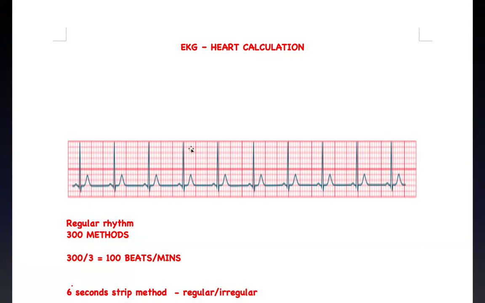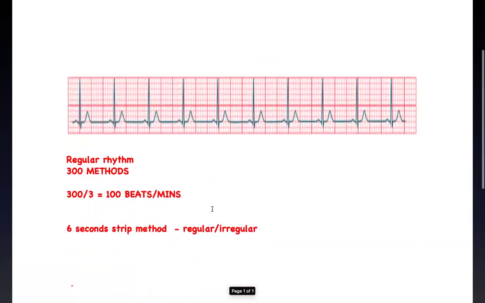Irregular means the distance between one R to another R is not going to be the same, but you can use the same method. There are 2 things they may tell you. One, they may tell you it's a 6-second strip. That means you're lucky. Hey, this is a 6-second strip. If they don't tell you it's a 6-second strip, you make up a 6-second strip.